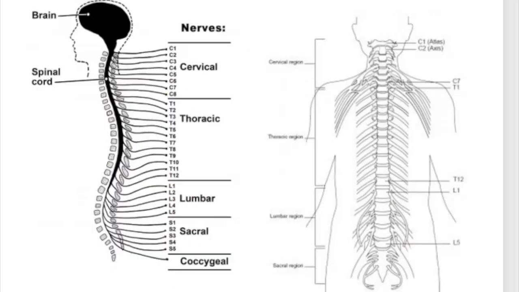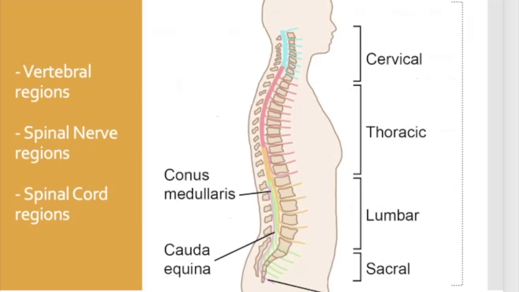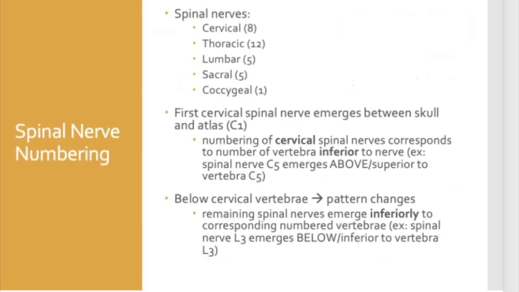We looked at lots of diagrams explaining the relative anatomy between the vertebral column and the spinal nerves. Again, what's sort of off between the spinal nerves and the vertebral column is the numbering in the cervical region.